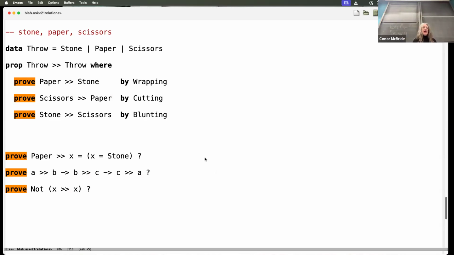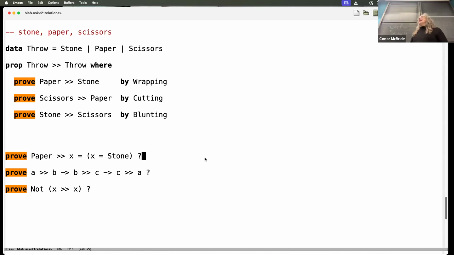Anyway, let's prove another equivalence. So here we're saying the statement "paper beats X" is equivalent to the statement "X is stone."